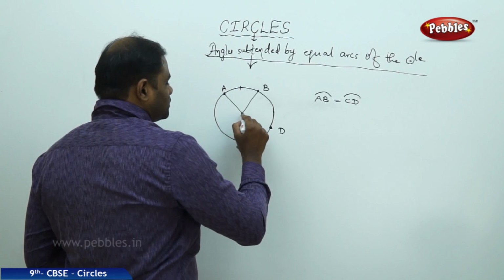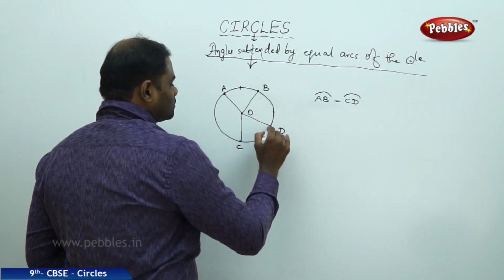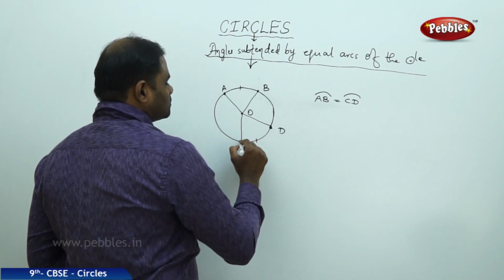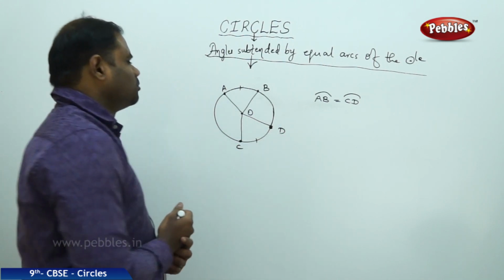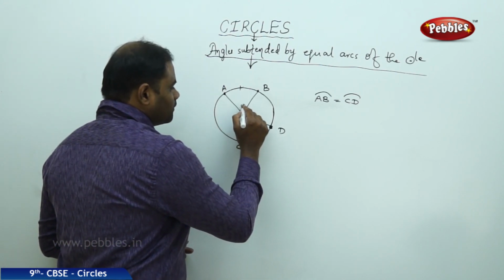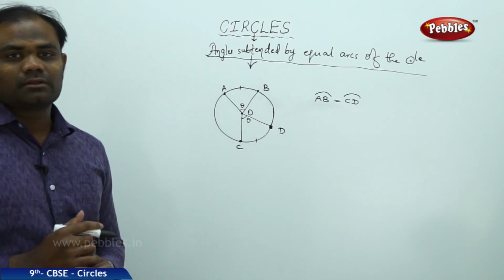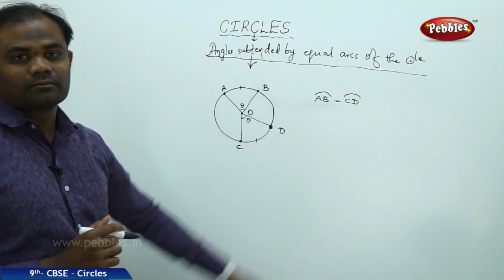That is, if the angle subtended by the arc AB is this and the angle subtended by the arc CD is this, then the property says that the angle subtended by arc AB will be the same as the angle subtended by the second arc CD.